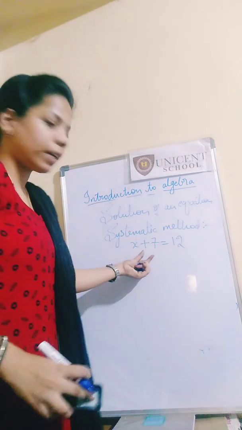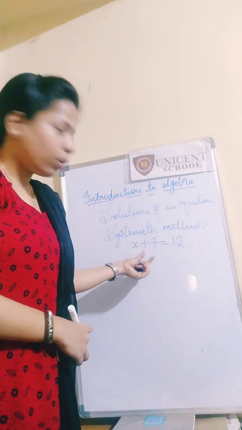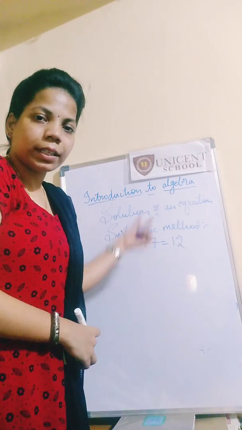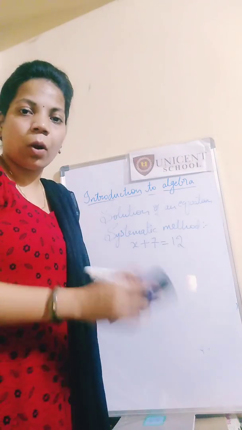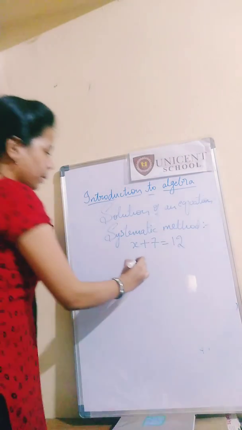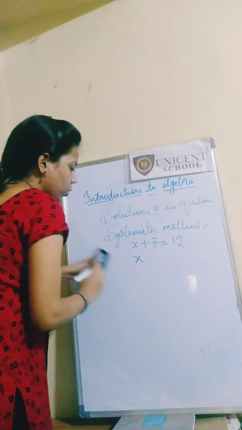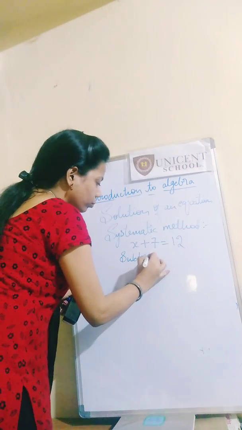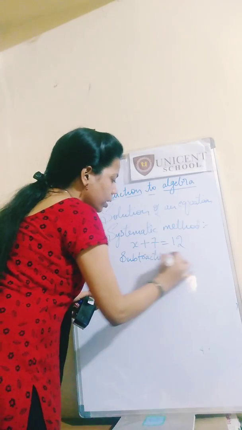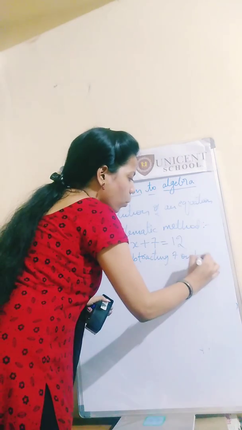So what we have to do, we have to take the opposite sign. Plus 7. What is the opposite of plus 7? Minus 7, right? So we have to subtract 7 on both sides. Let us see. Subtracting 7 on both sides.